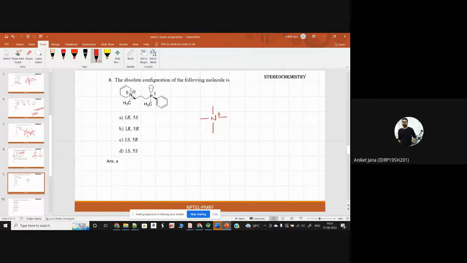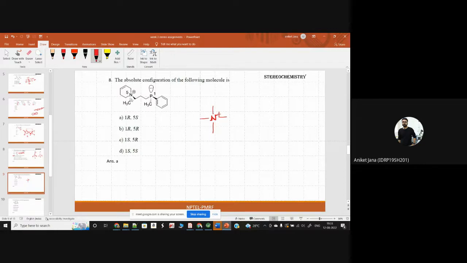At first, designate the priority of this nitrogen. We are trying to solve this nitrogen atom first. Which one is the highest priority on the nitrogen atom? The wedge bond. Are you sure? According to me, it is.